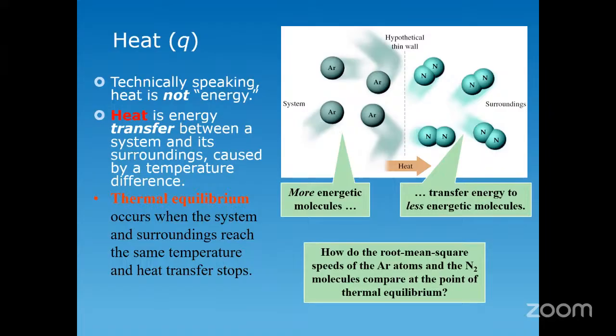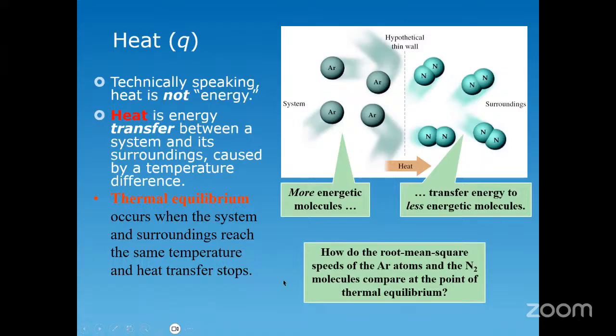And to illustrate this at the microscopic level, we have this diagram right here, where we have argon atoms on one side of this hypothetical thin wall. And the assumption is that you can have heat transfer through that thin wall to the other side, which has nitrogen molecules, all right? So let's say the argon molecules are more energetic compared to the nitrogen molecules, right?